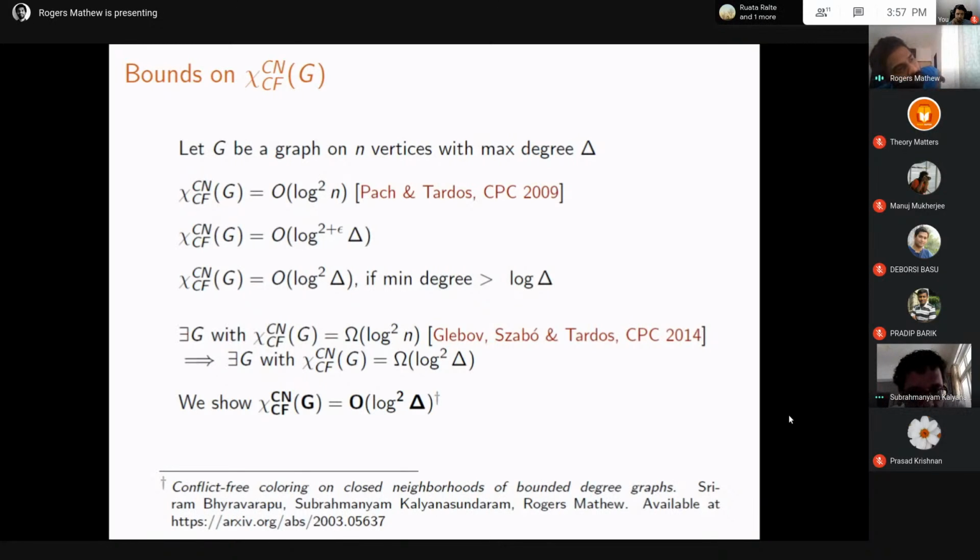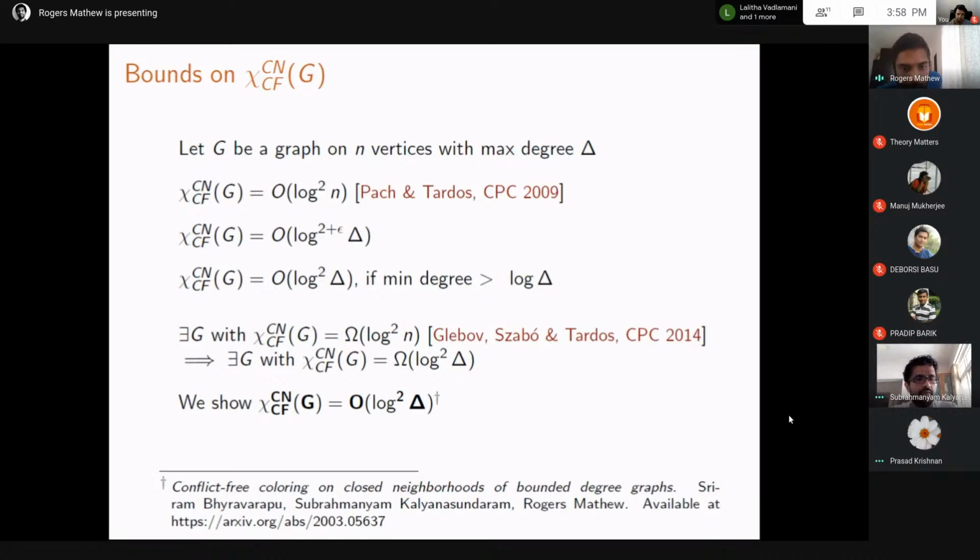What are the other known bounds? I think neighborhood diversity and many other parameters had bounds, right? Since you mentioned tree width, one note I can tell you: if you get a bound for the open neighborhood variant, which I have not defined here, the closed neighborhood conflict-free chromatic number is at most 2 times the open neighborhood one or something.